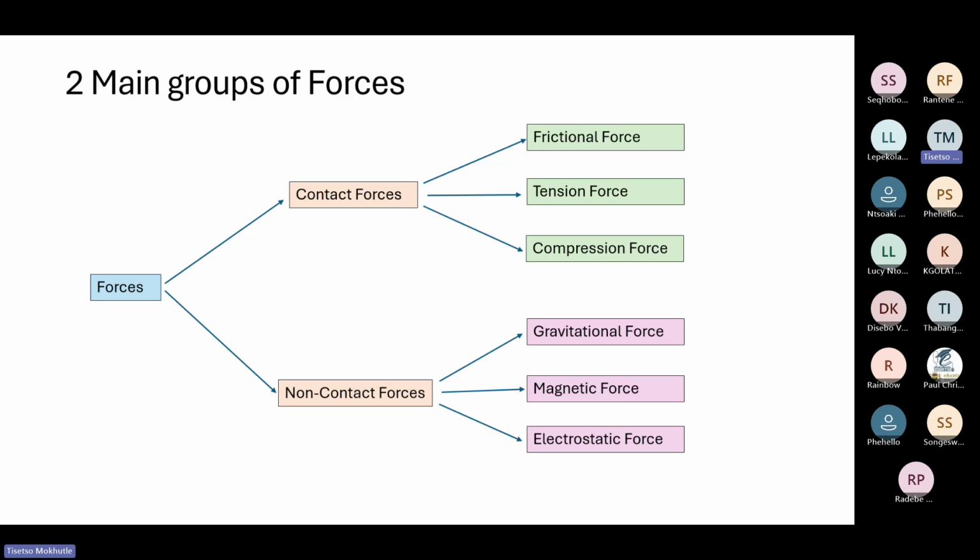And then the forces that can actually exert their influence from a distance without touching the object are called non-contact forces.